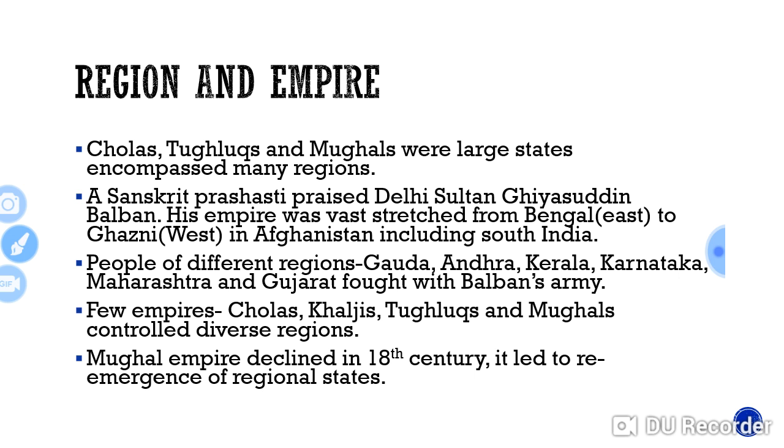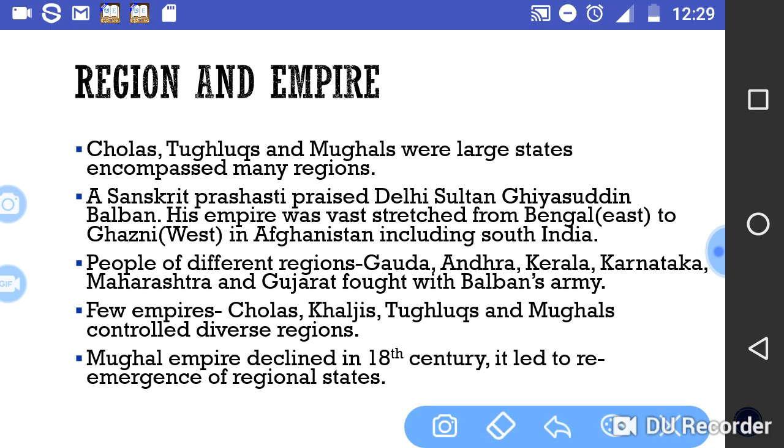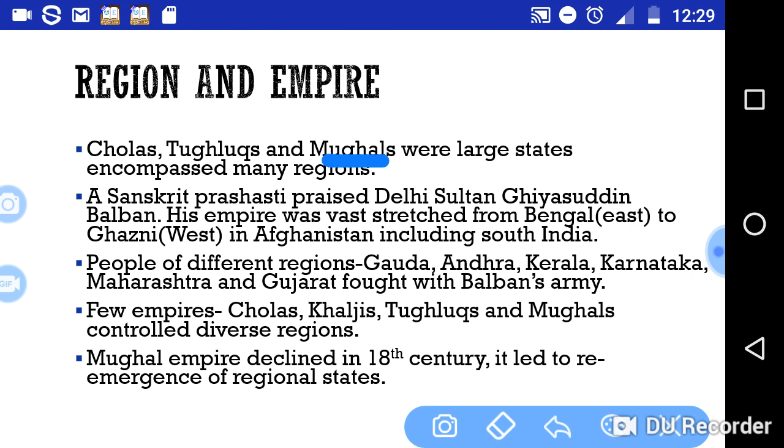And region and empire. Region means a place, empire means something which is bigger than a kingdom. There were many empires during this period, like Cholas, Tughlaqs, Mughals. These were the most important empires found during this medieval period. And a Sanskrit prashasti was used to praise rulers, like the Delhi Sultan Ghiyasuddin Balban.